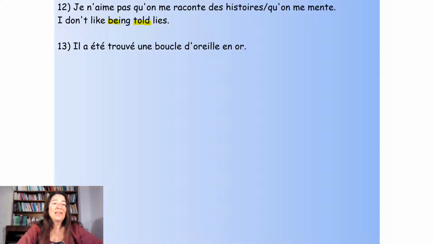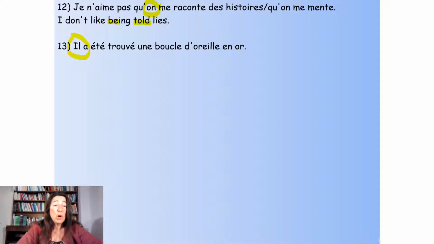Il a été trouvé une boucle d'oreille en or. So in this case, just like we highlighted "on" in the previous sentence, what are we going to notice in this sentence here? Well, we should pay attention to "il" and see that this is an impersonal pronoun. It does not refer to a person, okay? So who found the gold earring?